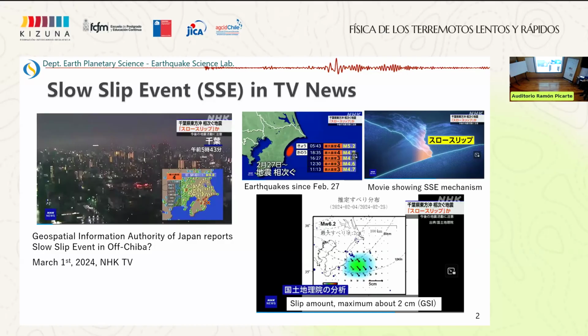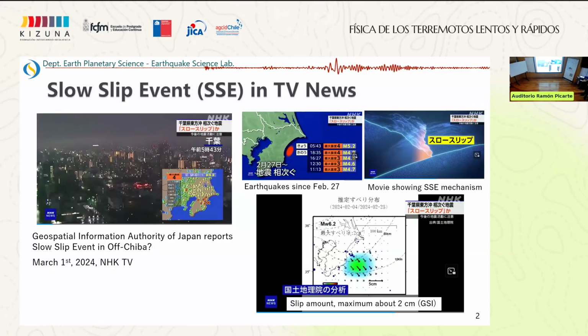Or in more detail, officially the GSI, the Japanese Institute for Geodesy, determined the slip area for this event around here. Tokyo is here. So it makes some kind of social interest, and some people worry about what happened because of this.